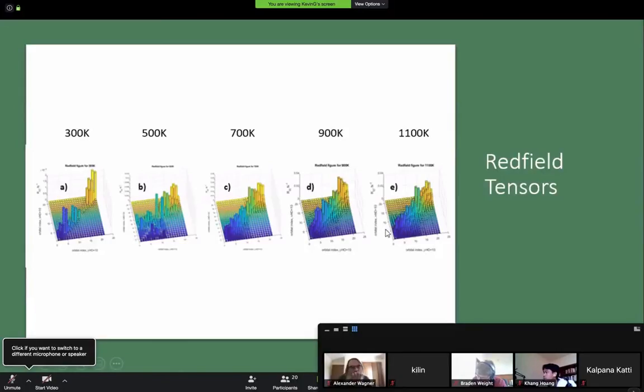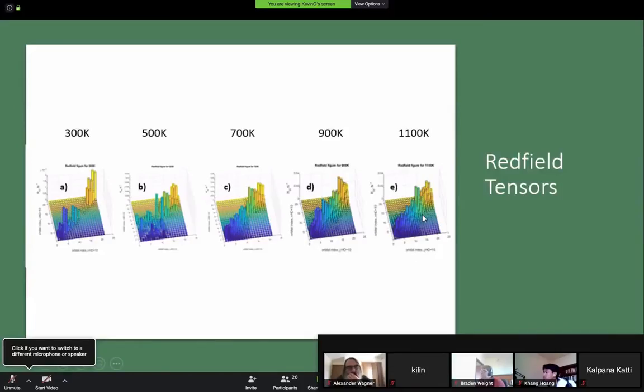You have orbitals on the x and y axis right here, and on the z axis is the transition rate. So it's the transition rate for an electron going from orbital I right here to orbital J here. The first thing we notice is that the graphs show a positive correlation between the temperature and transition rate.